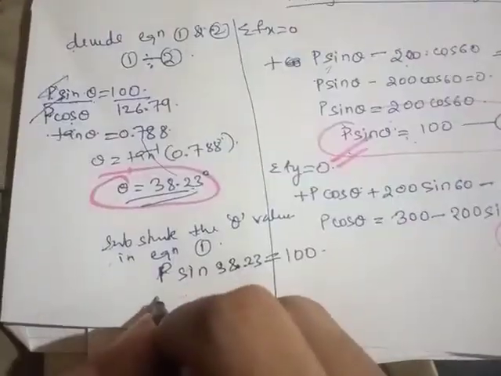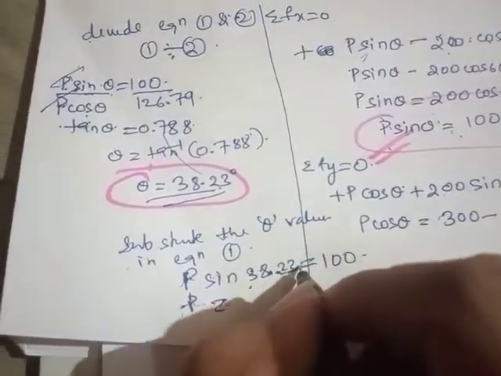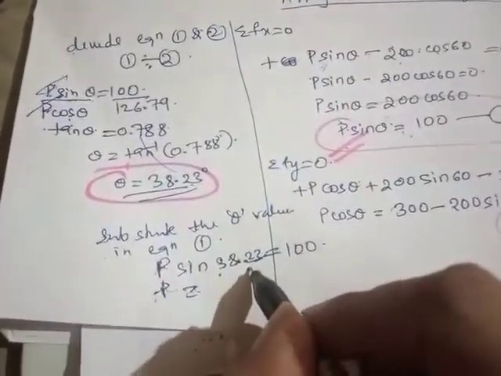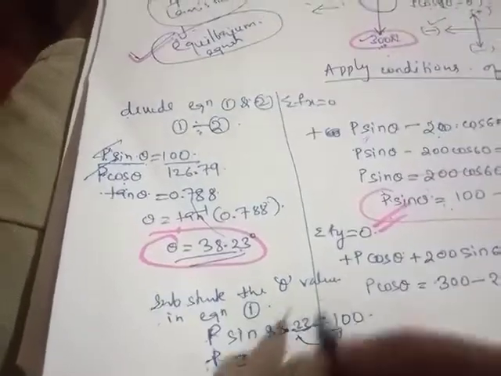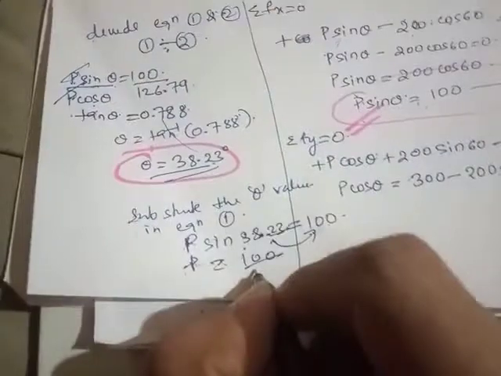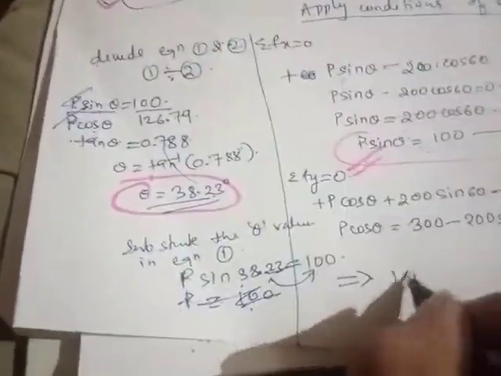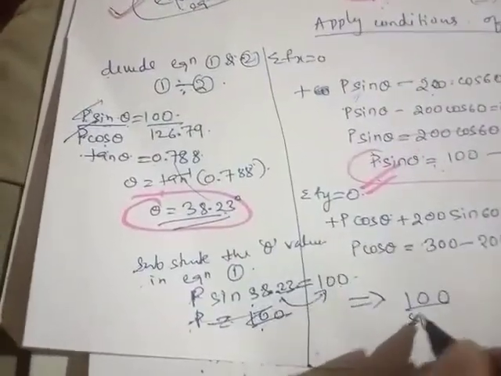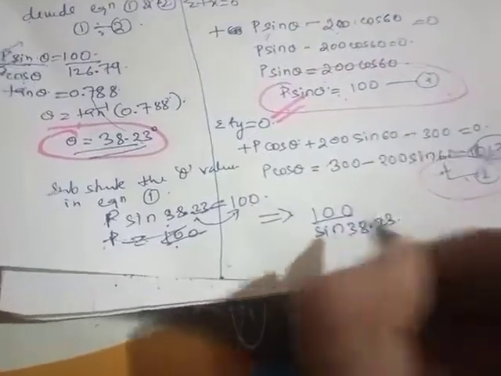P is unknown to us. So shift sin 38.23 to the right hand side, so it moves to the denominator. It becomes 100 upon sin 38.23.